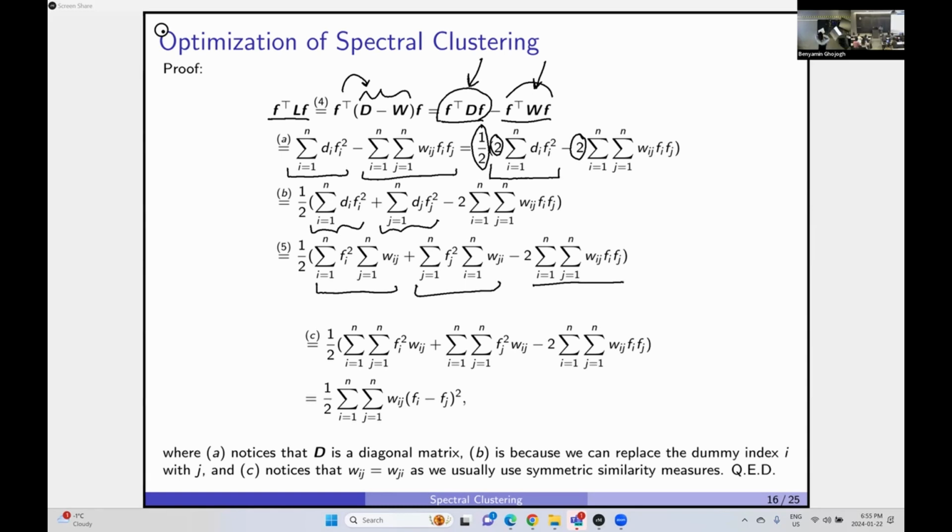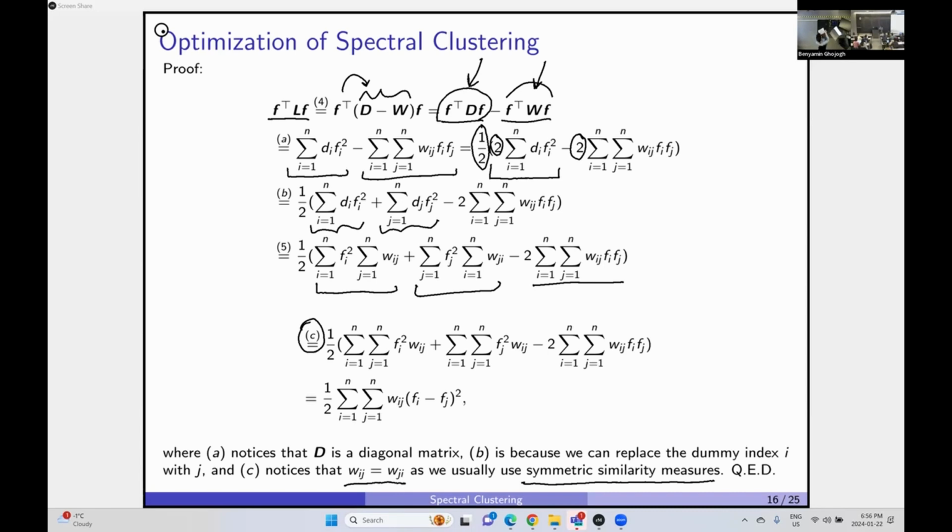Now you tell me. Notice that wij equals wji, right? Because we usually use symmetric similarity measures. For example, the RBF function that we used for wij, do you remember? It was symmetric for xi and xj.